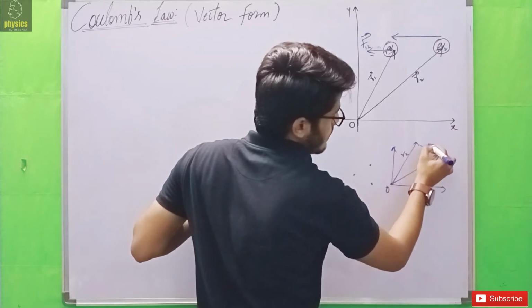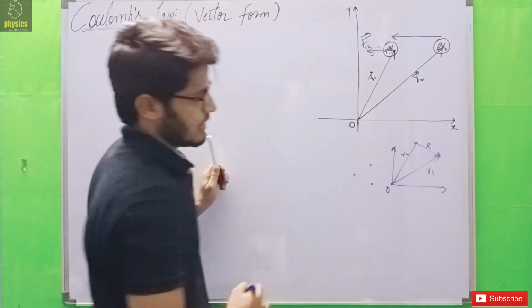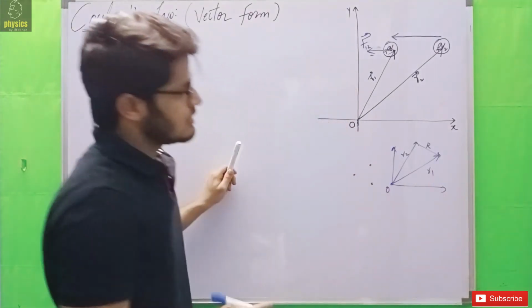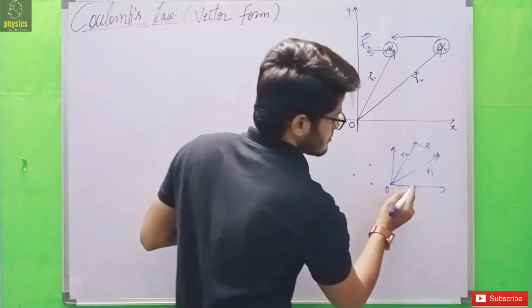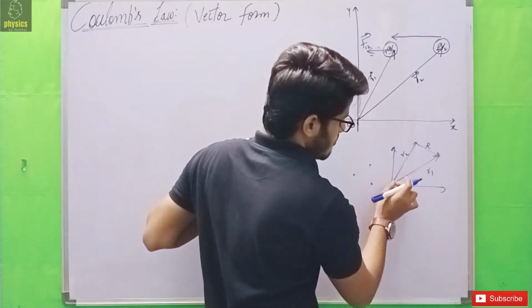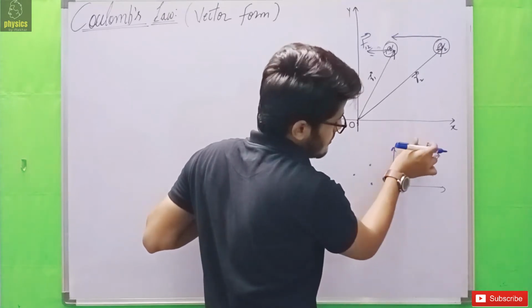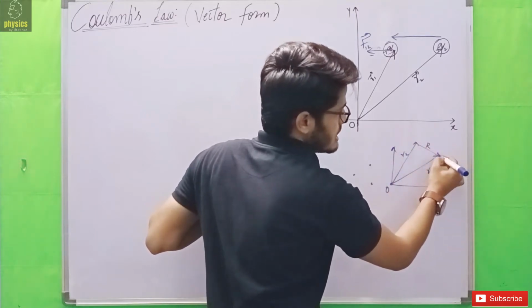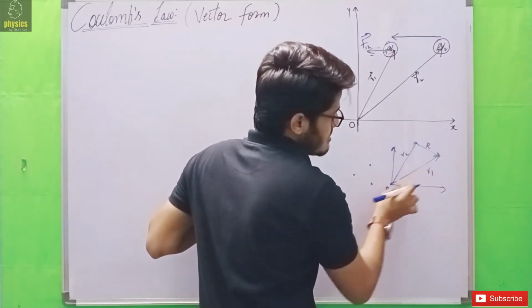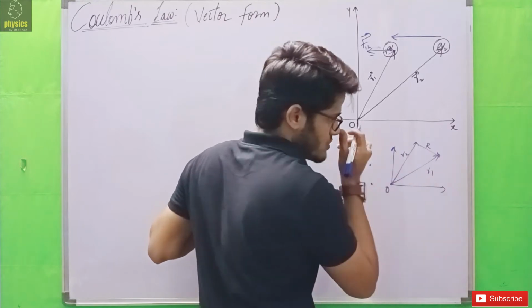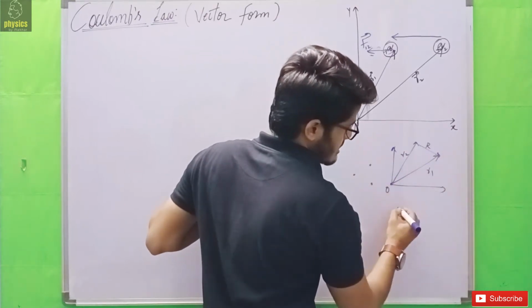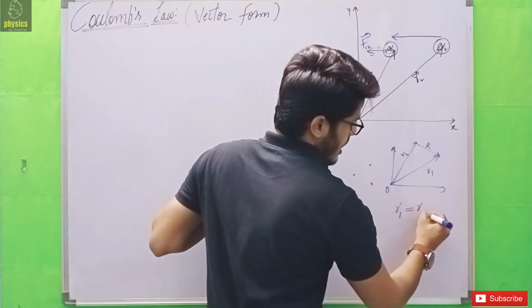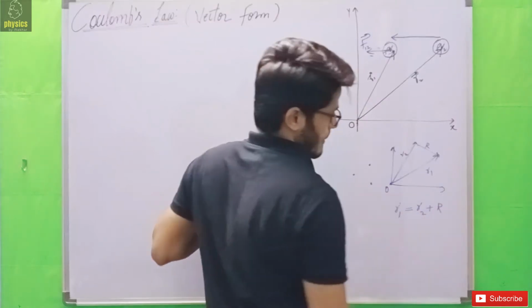This vector, I am calling it capital R. The value of capital R can be found out. You see, we are going from here to there, and again from there to here. So we are taking 2 steps to reach this point, but R1 is the single step with which we can reach this point.